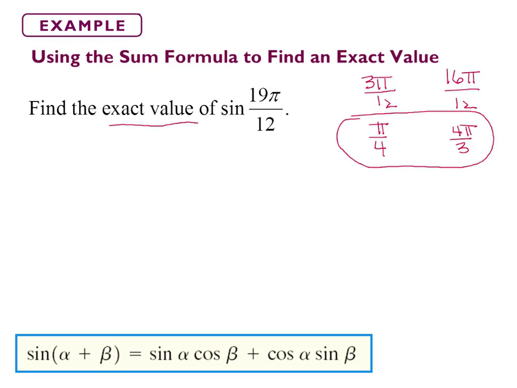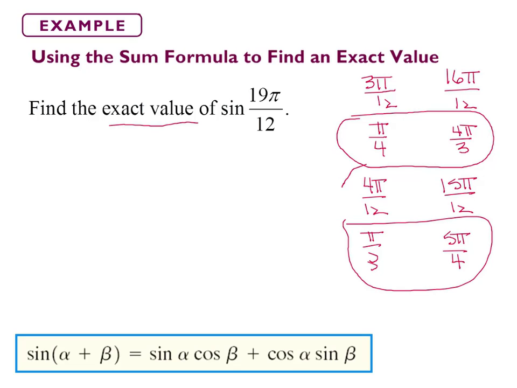I could have 4 pi over 12 and 15 pi over 12. And this would give me pi over 3. And this would give me 5 pi over 4. So there's another set of numbers that would work. You see, there's not one perfect answer.